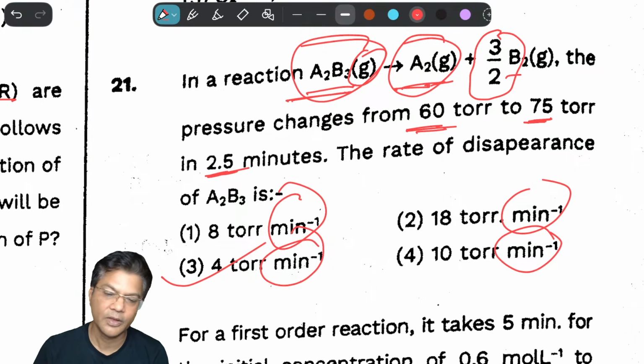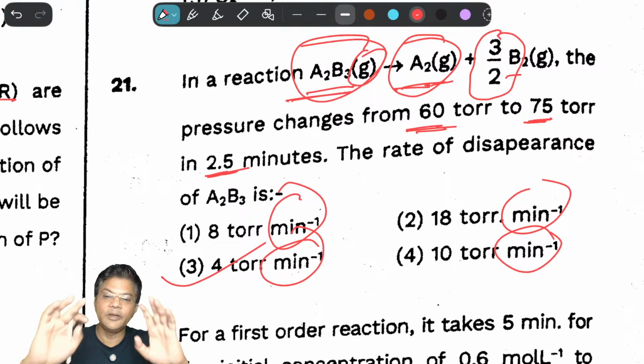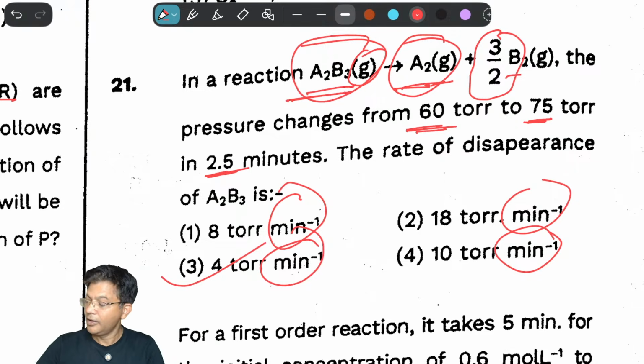Got it? Everyone got it or not? How many of you want to do it orally? Now see, let me tell you orally how to do it.